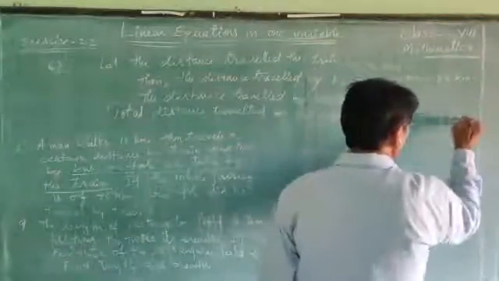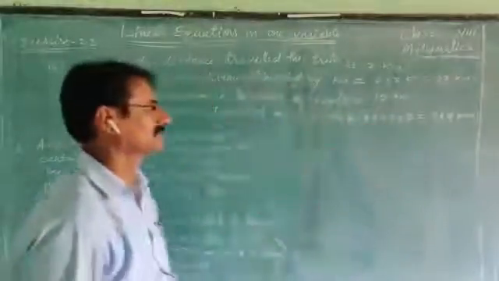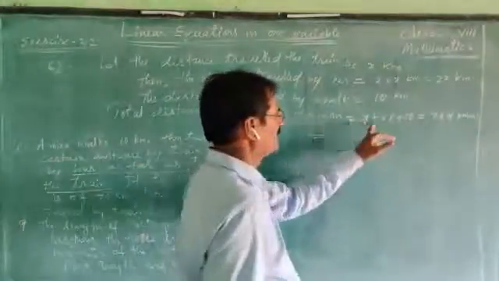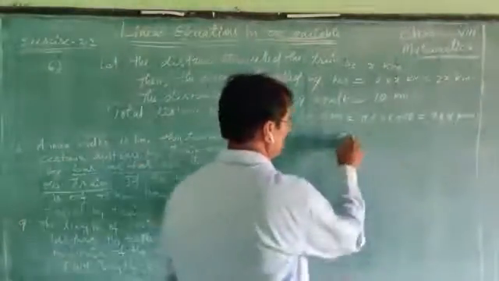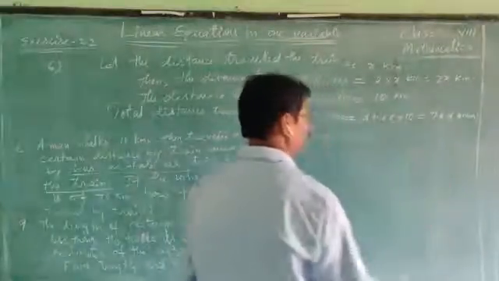Now simplify it. These two are like terms: 3x plus 10 equal to 70.